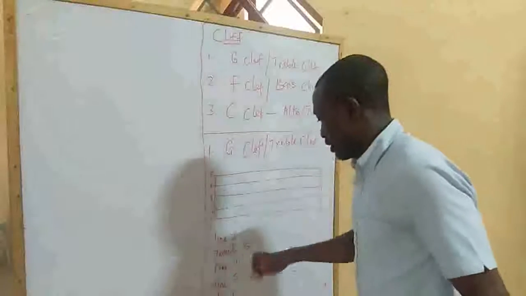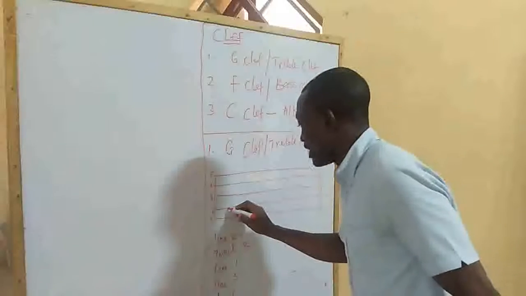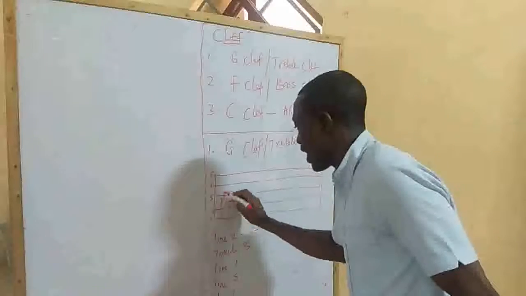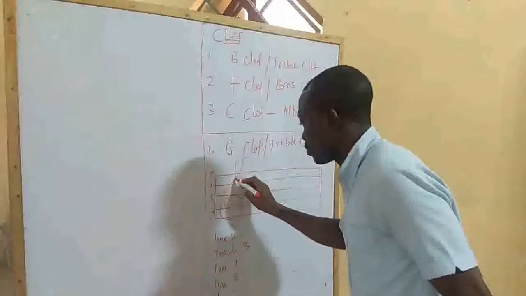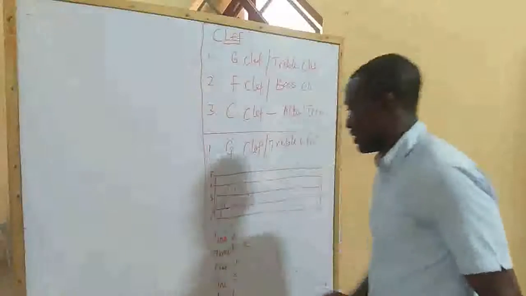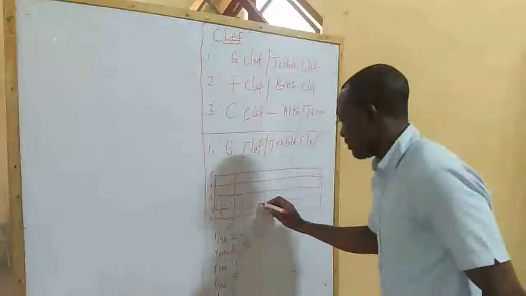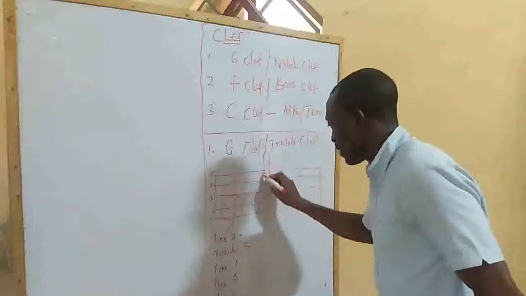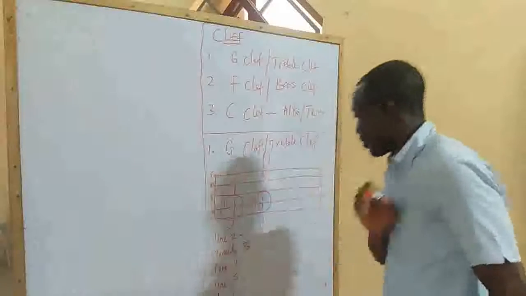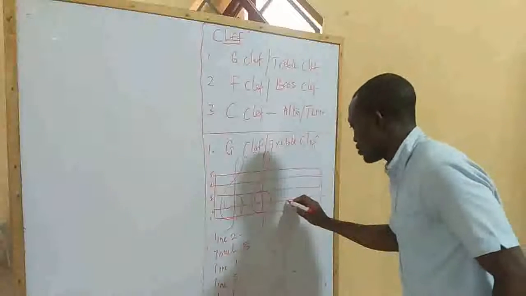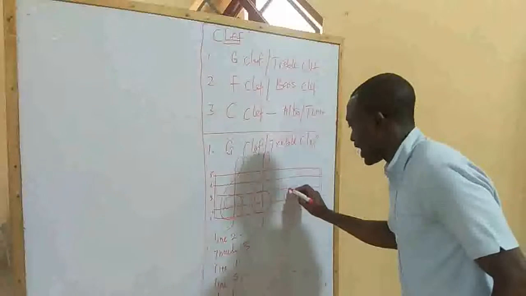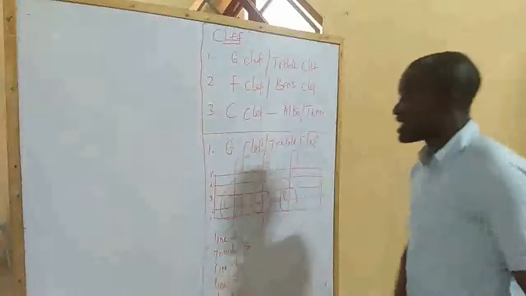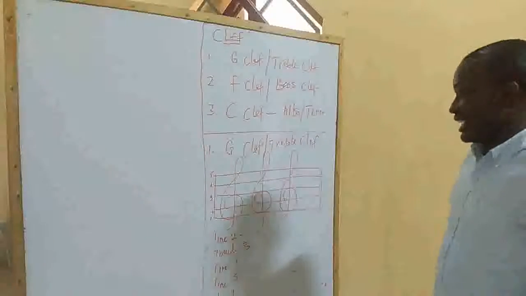You must start from line 2. After line 2, it will touch line 3, come to line 1, go out of line 5, then you curve it and bring it down. I'm going to do it again. I start from line 2 to line 3 to line 1, go out of line 5, then come back. For the last time, you start from line 2 to line 3 to line 1, come out, and that is our G clef.